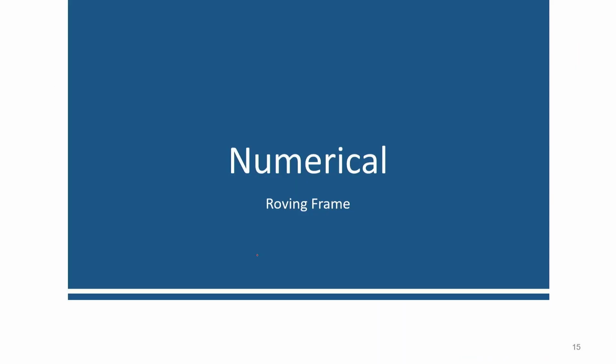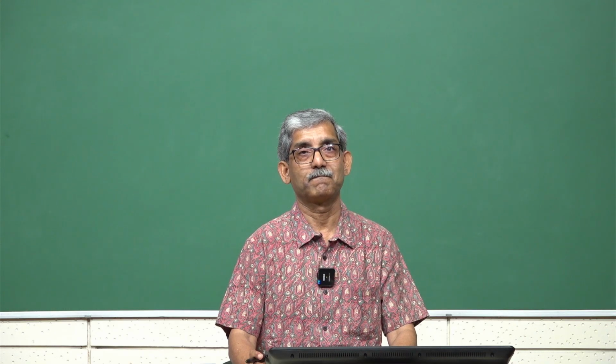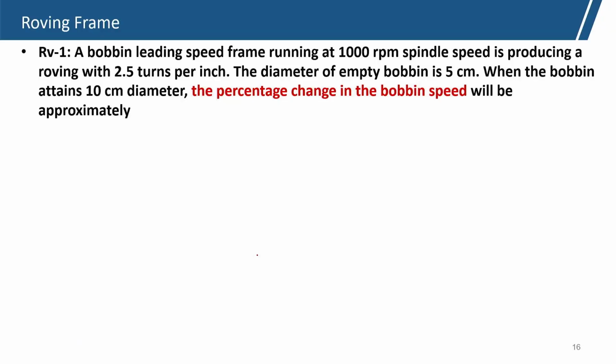And now we will discuss a few numericals related to roving. See, a bobbin leading speed frame, that is roving frame, running at 1000 rpm spindle speed is producing a roving with 2.5 turns per inch.